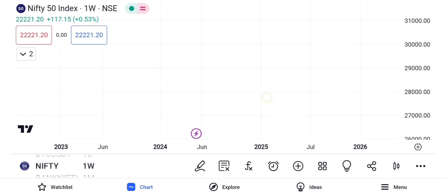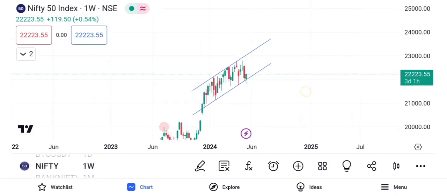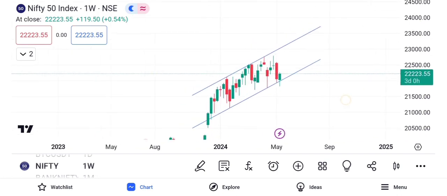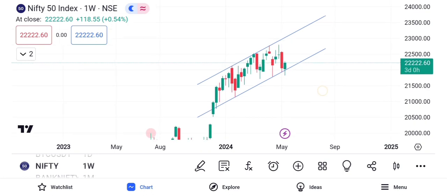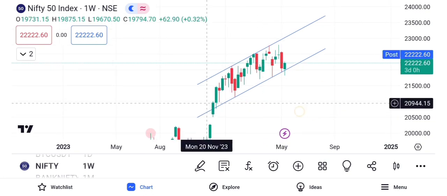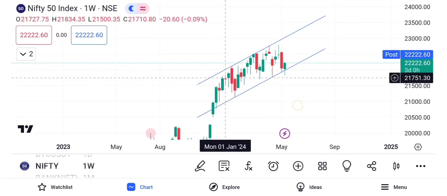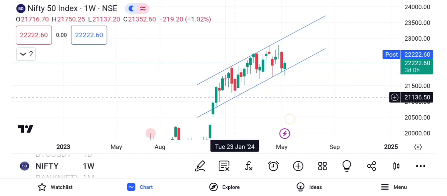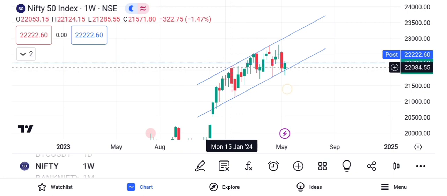Let me show one example to you. This is the channel pattern which I have just taught you. This is the parallel chart pattern and I have told you that the market always takes support from this level and resistance from this level, okay.